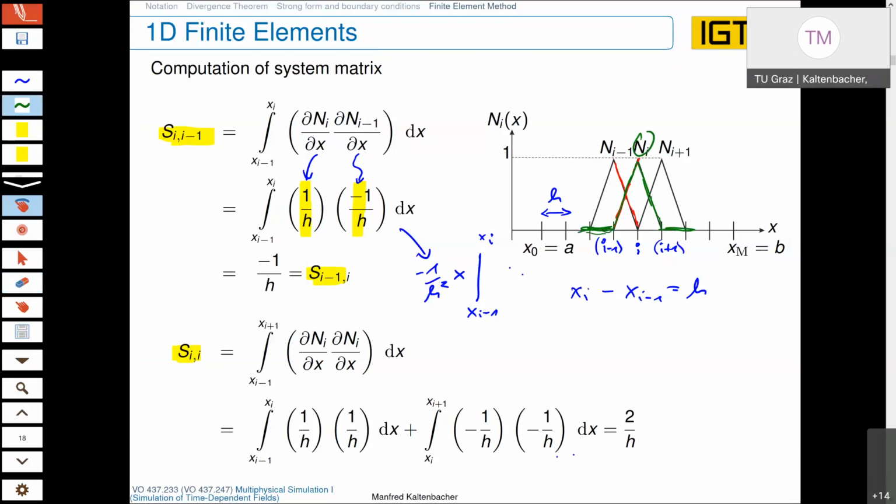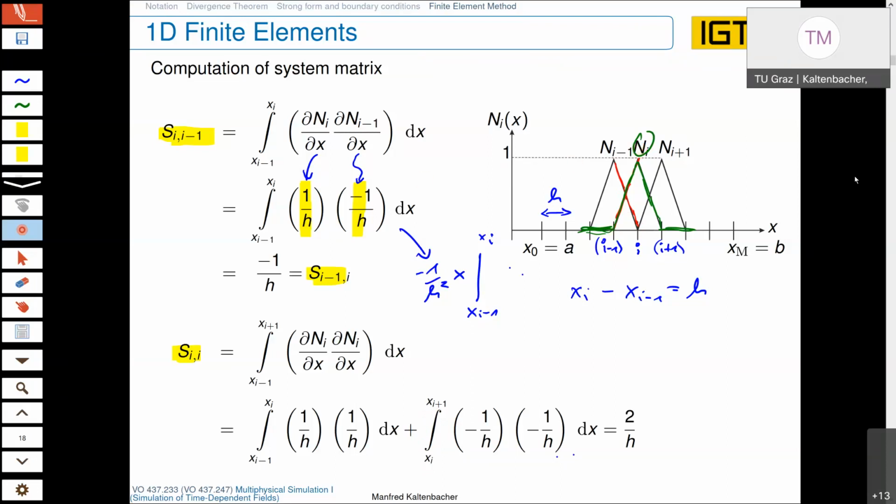So you see it is different from 0 from the node i minus 1 to the node i plus 1. That is why we subdivide the integral into two integrals: from x_{i-1} to x_i plus the integral from x_i to x_{i+1}. Now from x_{i-1} to x_i, we have the positive slope, as you can see here.